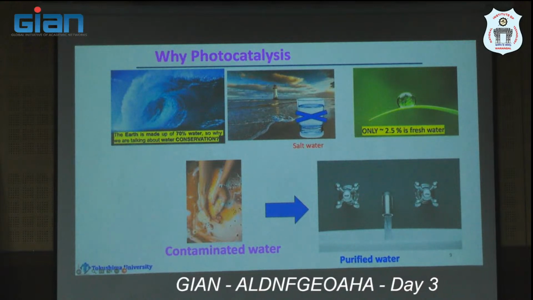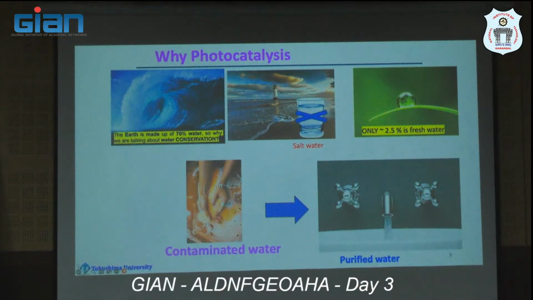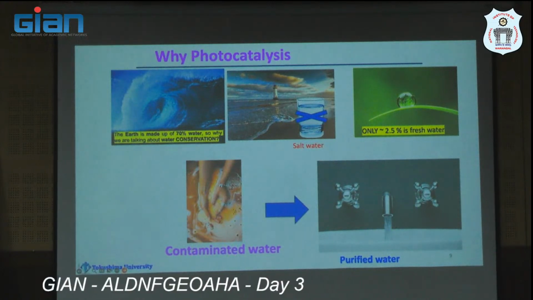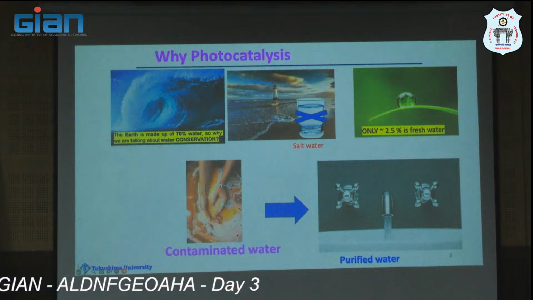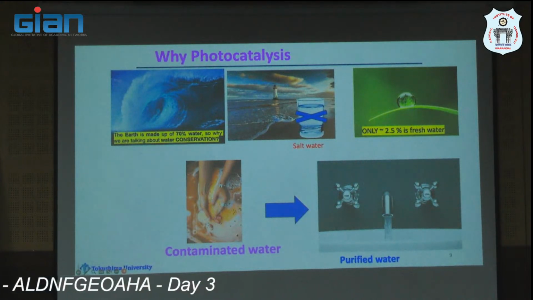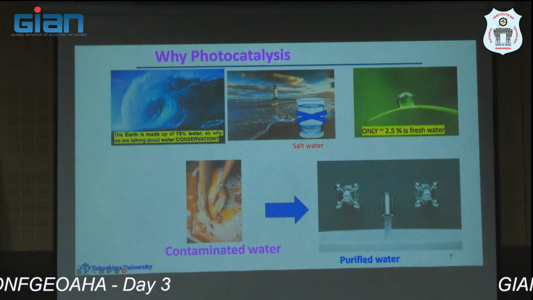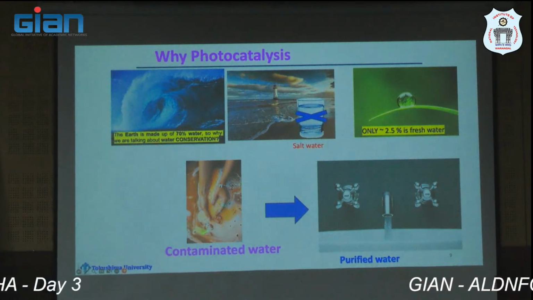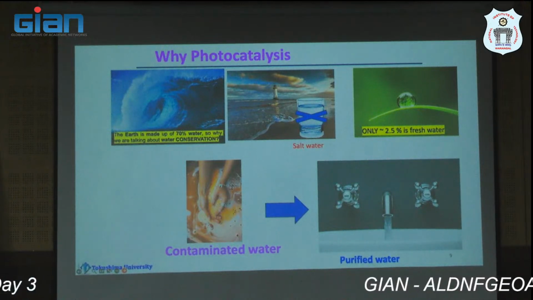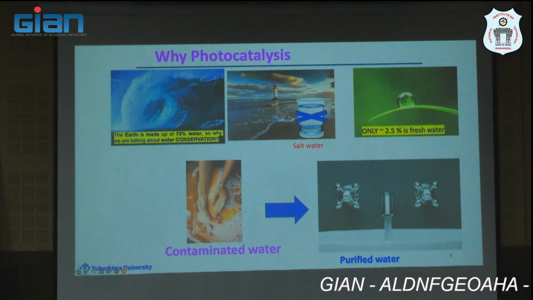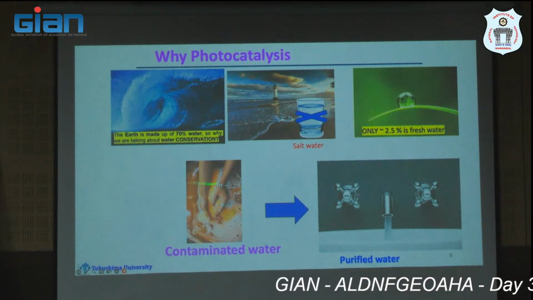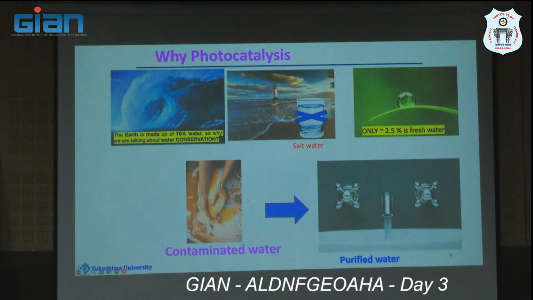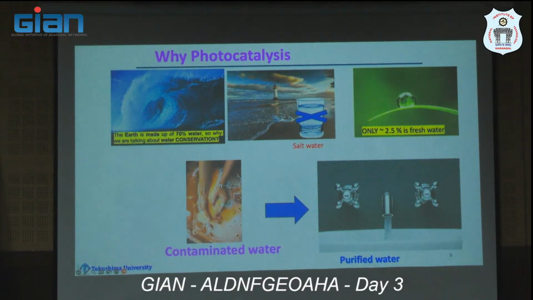Remember, we are not talking about drinking water. We are talking about the water that comes from cleaning in factories such as the textile industry and pharmaceutical industry. They use lots of water and that water can be contaminated. It contains various kinds of organic species that we call organic pollutants. So how do we clean this water and make it reusable?